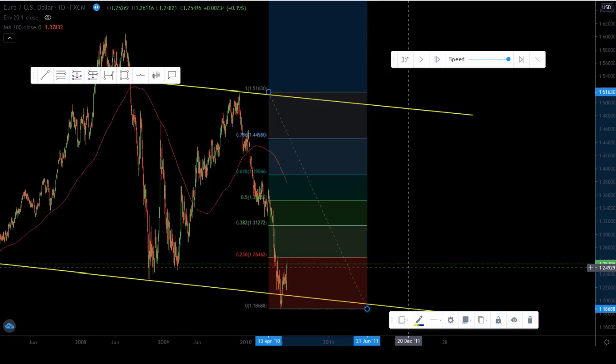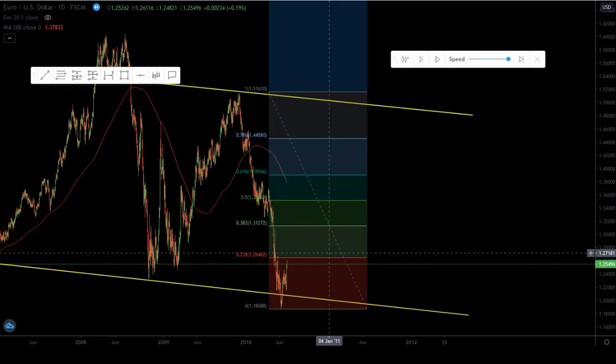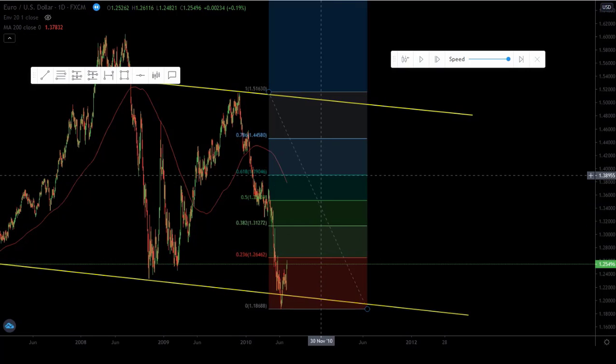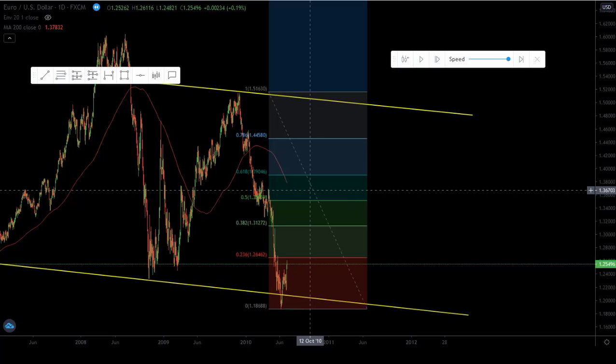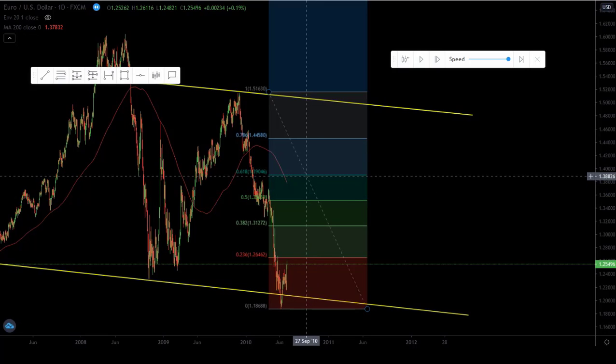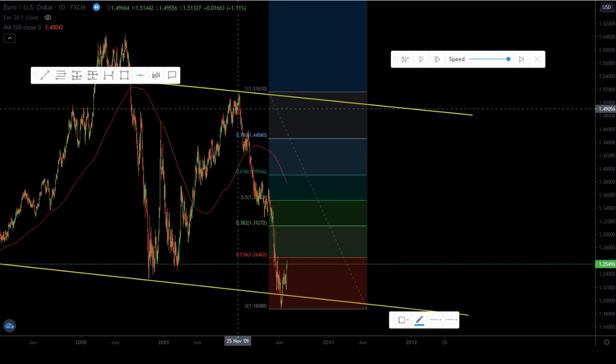Still in the red zone. Okay, the middle part. We're looking at about this halfway.